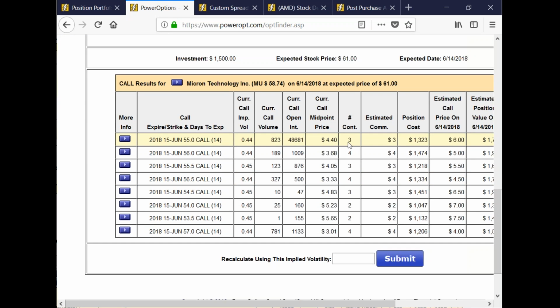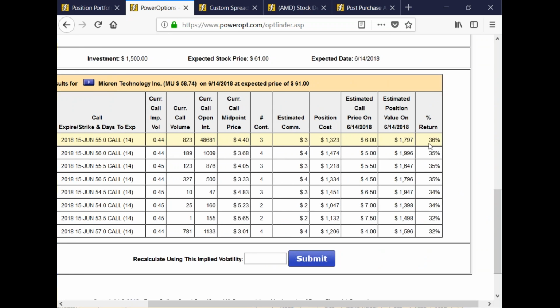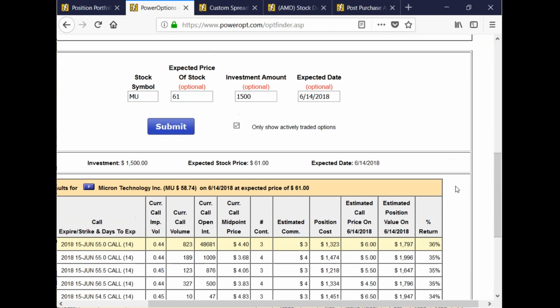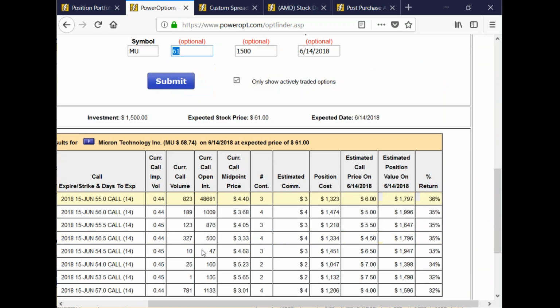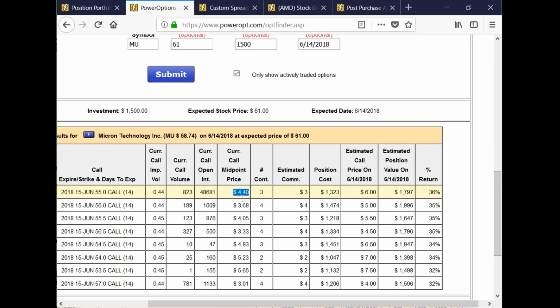Call it 4.40. You could buy 3 contracts, the 55 strike, I'm sorry, and that would be a 36% return. You're not seeing maybe as high returns as you're expecting because this is only a 5% move and because these premiums still look inflated. This is still about $1.20 extrinsic value for a 15-day trade.